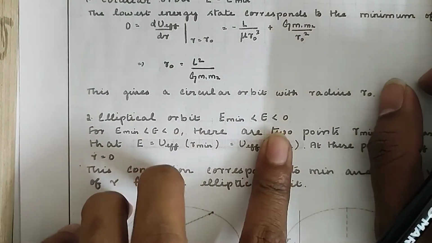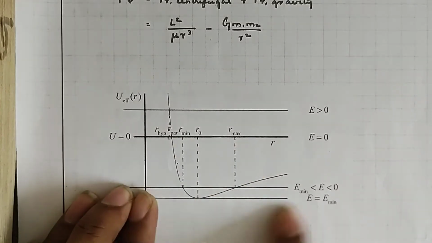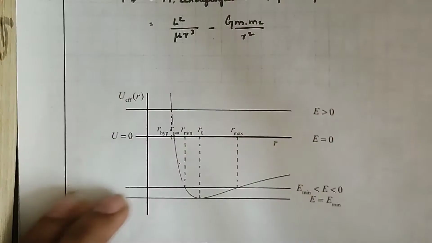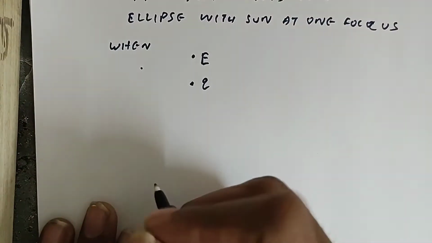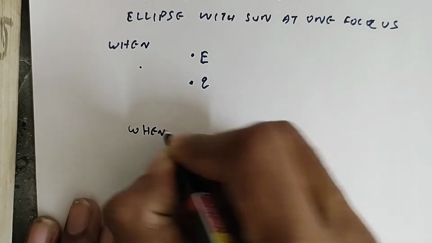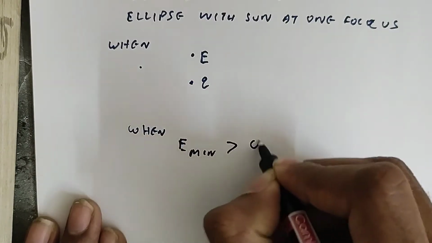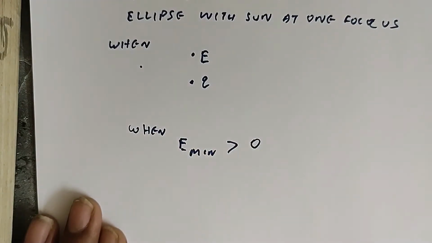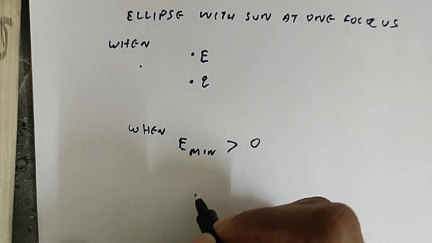So when the condition of elliptical orbit arises, the graph here shows this region where the elliptical condition arises. For that, I need to have my energy minimum. So let me state, when energy minimum is greater than 0, not the E, but the energy minimum as a whole.